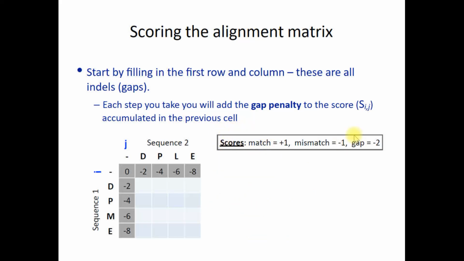Here I use a very simple scoring matrix, or substitution matrix, to calculate the score. The match is +1, mismatch is -1, and the gap is -2. For the gap penalty, I didn't differentiate gap opening versus gap extension, and just used the simplest linear gap penalty of -2.